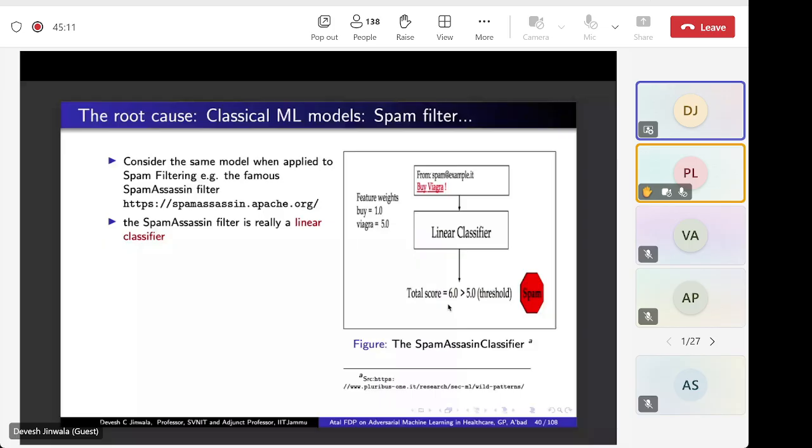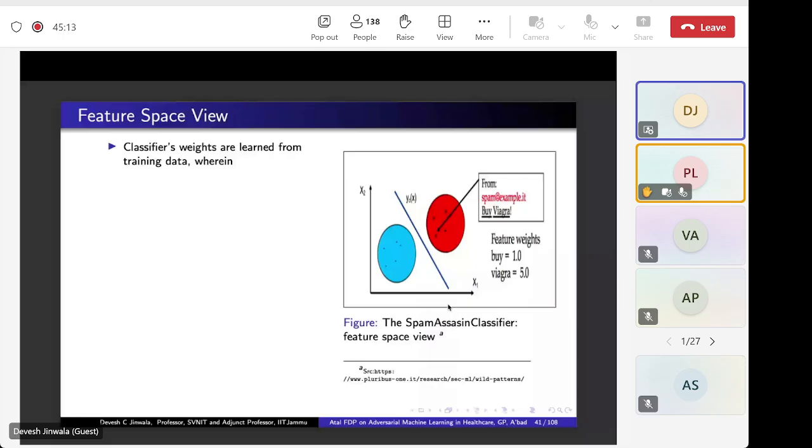So you could see this example. The incoming mail is from spam at example.it, and it consists of the words buy Viagra. Then the feature weights, as I showed earlier, were 6, and therefore it would be categorized as a spam mail, which is shown by red here.